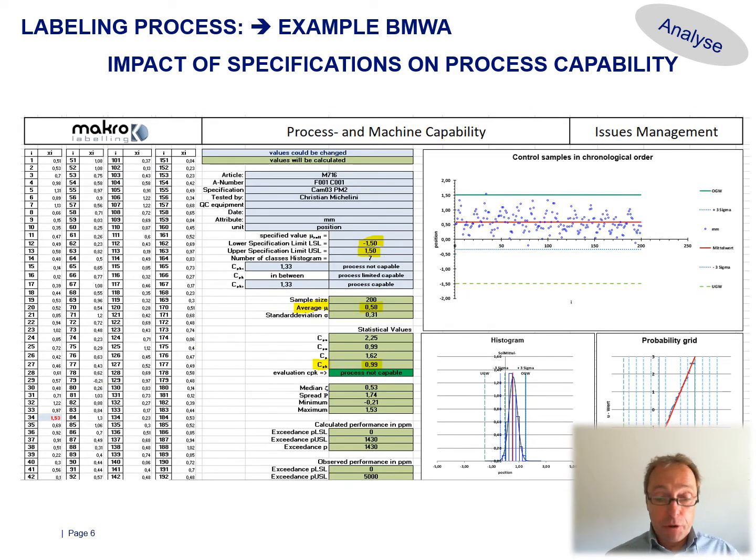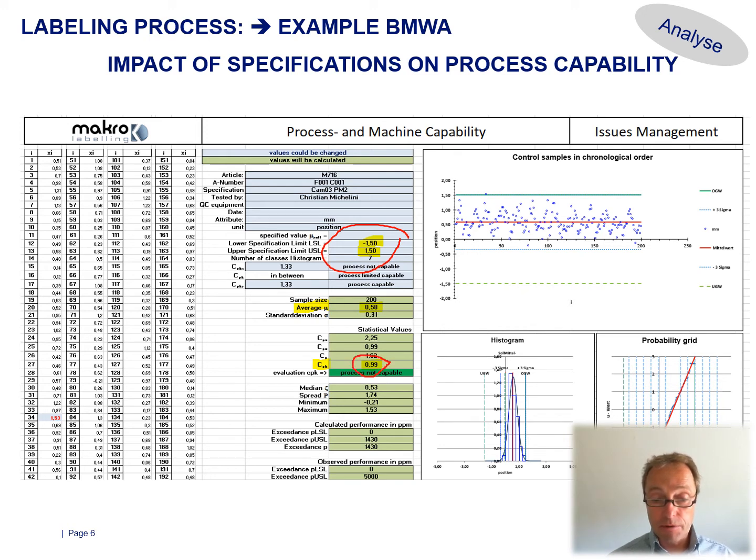So let's put in here also the smaller tolerance with plus minus 1.5 millimeter. All the rest stays the same, and now we see that the CP is still higher than 1.33, but the CPK is now below.